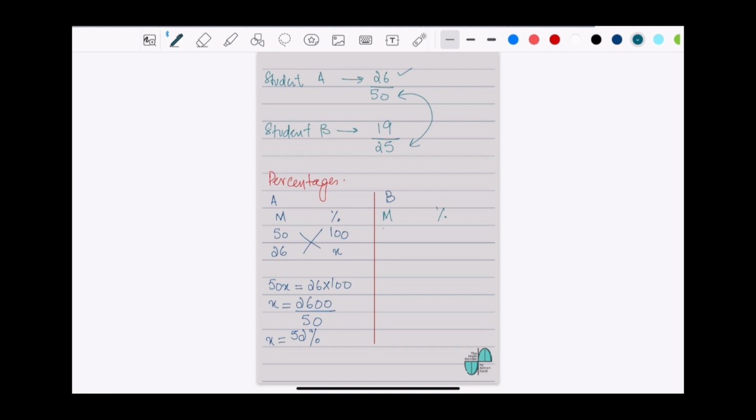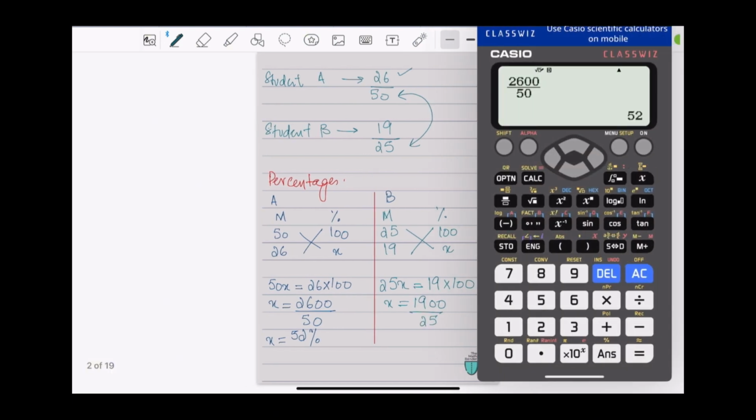So total marks were 25, which is equal to 100 maximum percent, out of which student B scored 19, which is X. The same method gives you 25x is equal to 19 times 100, and x is equal to 1900 over 25, which gives you 76%.